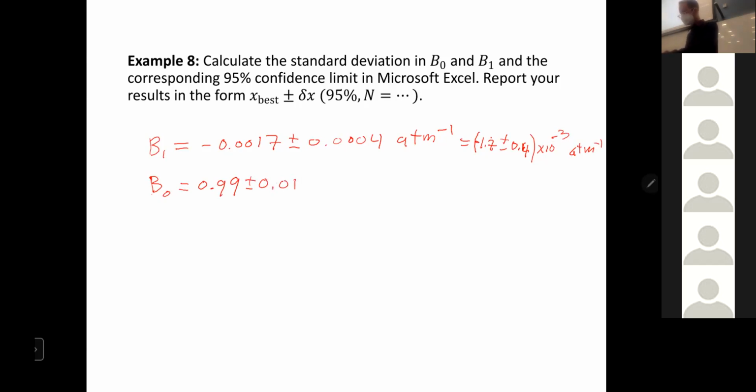And this is unitless. Okay, and then the problem asked us to specify that this is a 95% confidence interval with n equals 4.